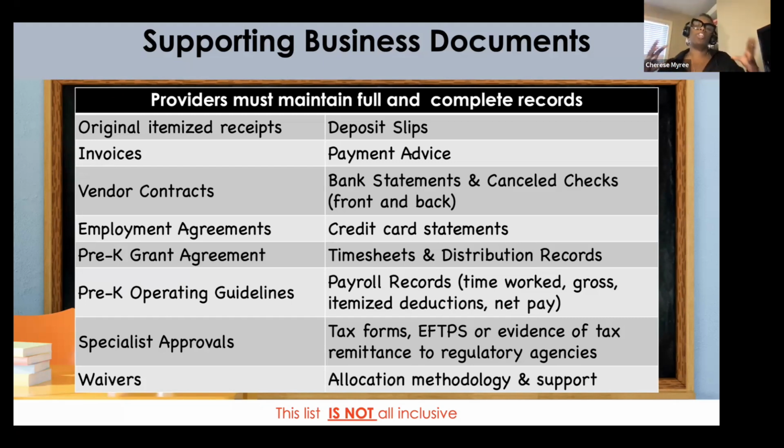Depending on how you run your pre-K program and your organization will dictate the type of documents you have to maintain. So this is why it's not an all-inclusive list. There may be things that you may need to maintain on file to support how funding was used that's not on this list. But the key is that you must have full and complete records to support how the money was spent.